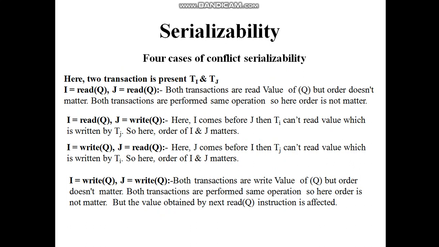Similarly, if Ti performs the write operation on value Q and Tj performs the read operation on value Q, here also the order matters. The last is that both transactions perform the same operation, that is write. Here also the order does not matter, but the value obtained by the next read on value Q is affected.